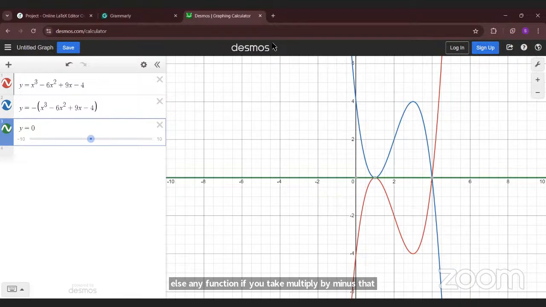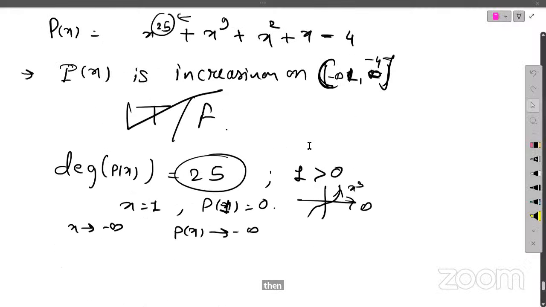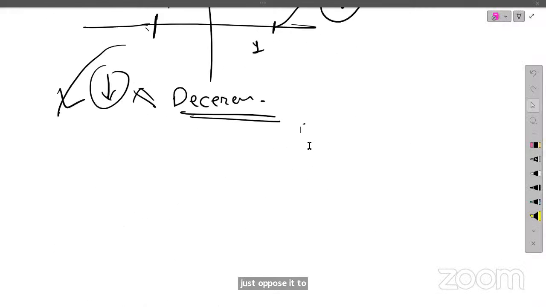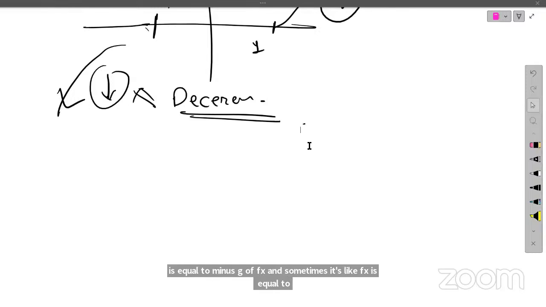Okay, fine. Means now everything is just opposite to that graph. Sometimes it's also mentioned as f(x) equals minus g(x), and sometimes it's like f(x) equals g(minus x). Are both different or the same?